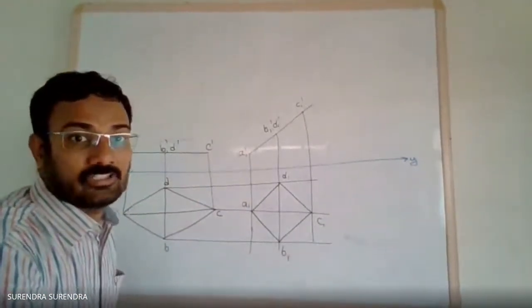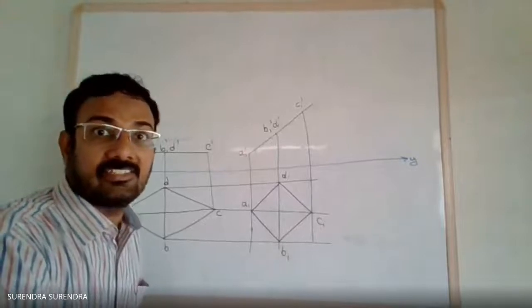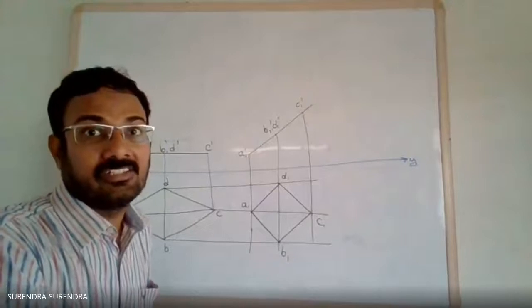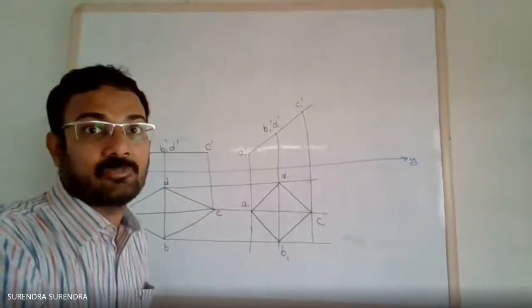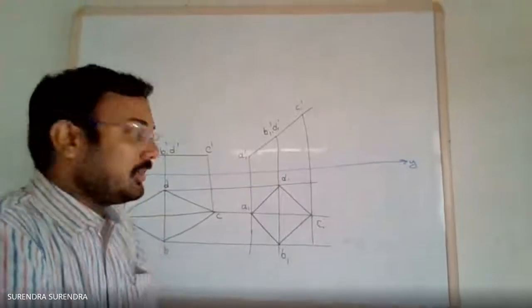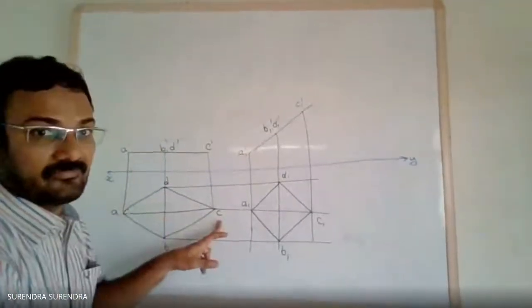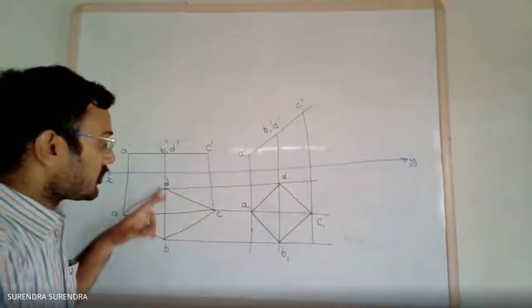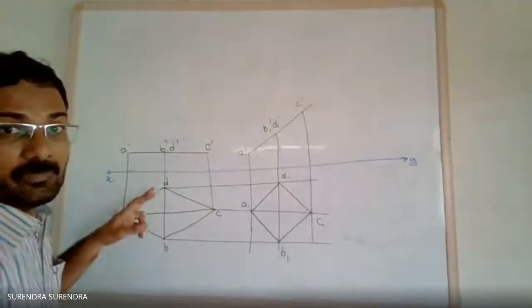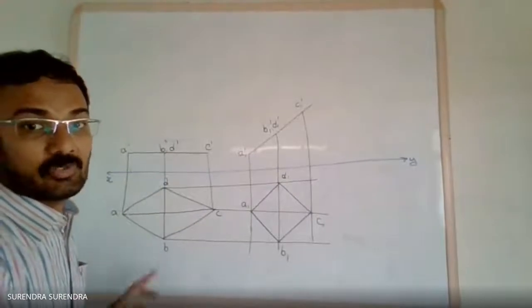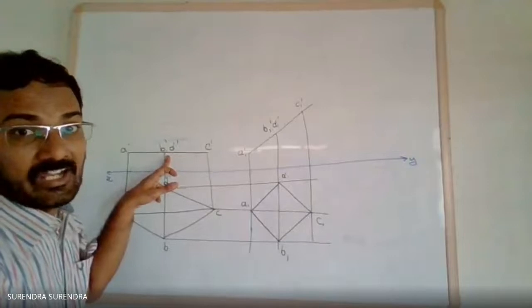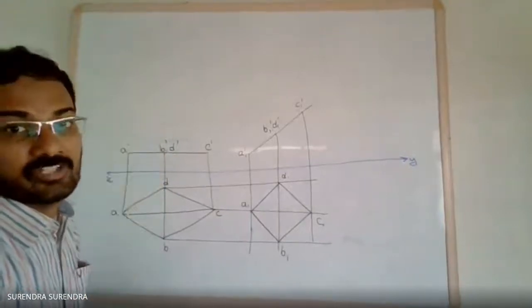Now we'll follow the second condition, that is the smaller diagonal is parallel to both the reference planes. So now what is the smaller diagonal here? Longer diagonal is AC 120 mm, shorter diagonal BD 50 mm. So now if you observe, this BD is perpendicular to XY line in top view. In front view, B and D are at the same height from the reference plane.